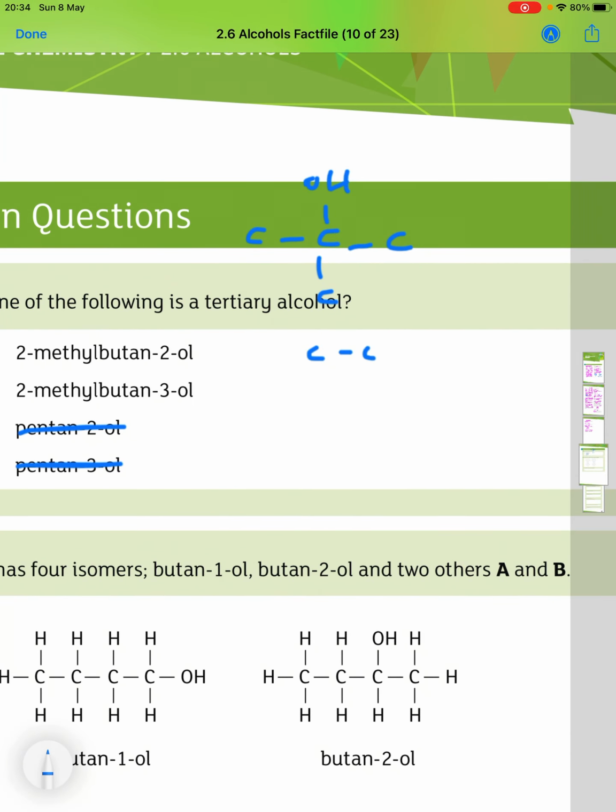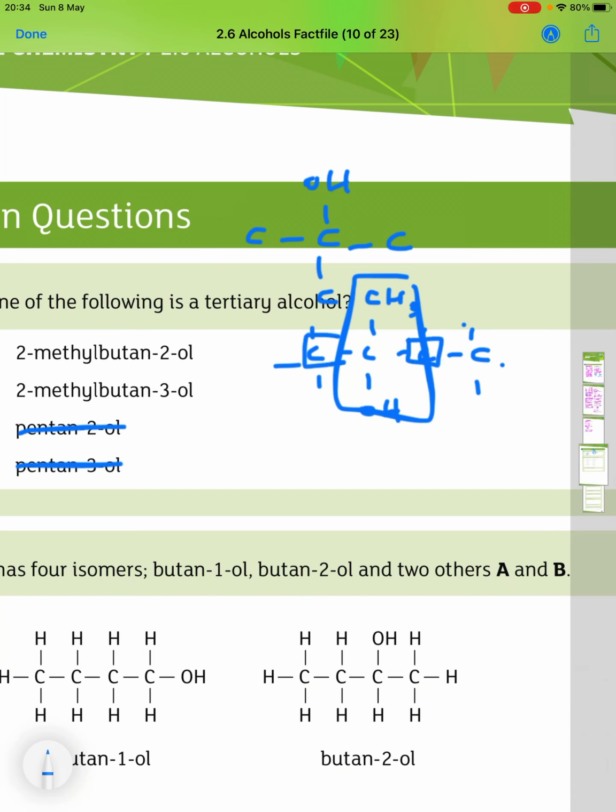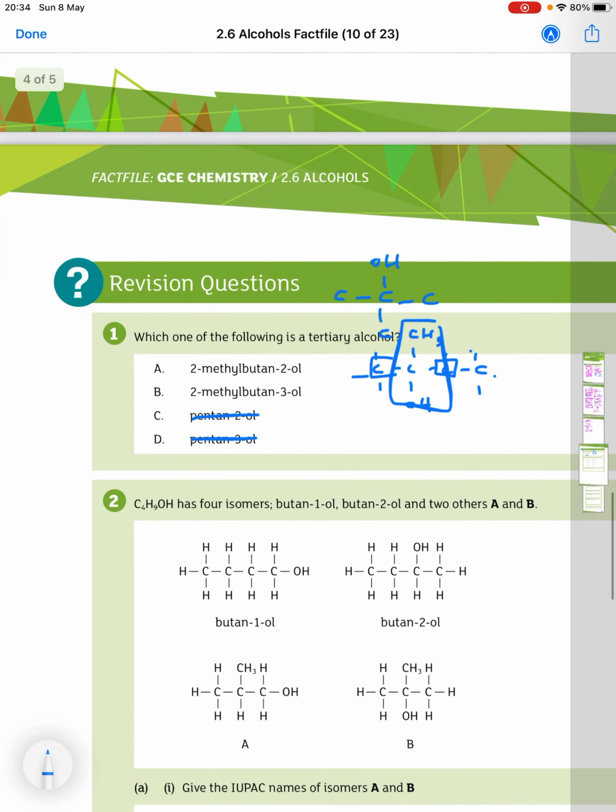I've got 1, 2, 3, 4 for the butan, and then 2-methyl, so a methyl group there, and it's a 2-ol, so the OH is on the same carbon. You see there that this carbon with the hydroxyl group on it is attached to 3 other carbons.